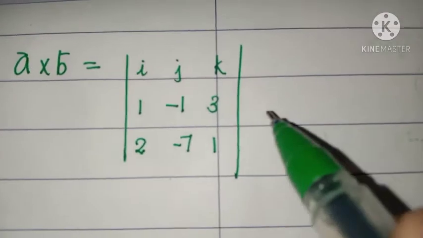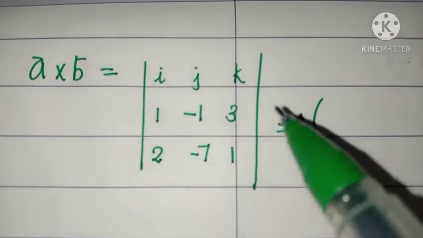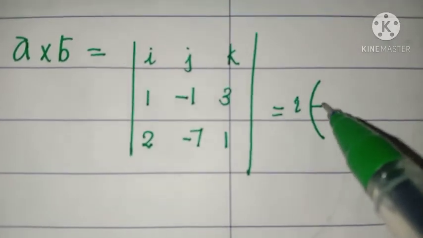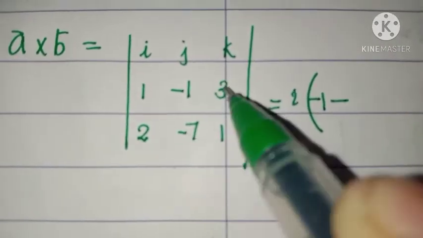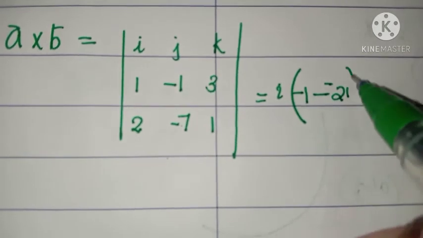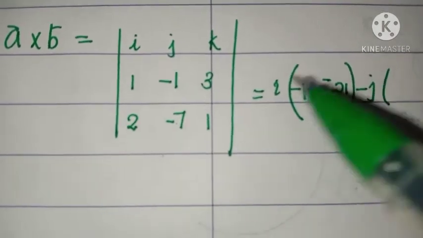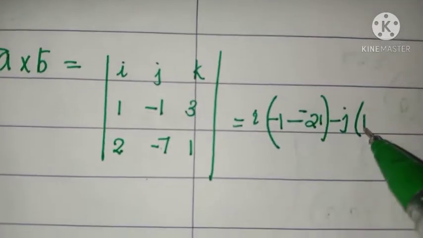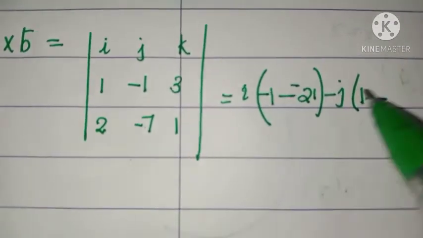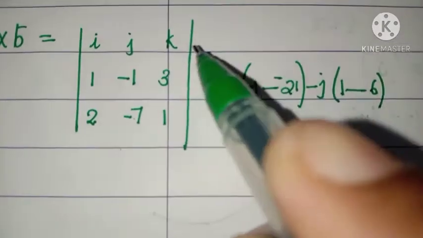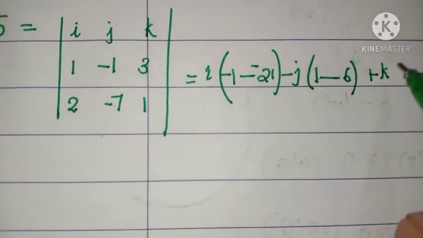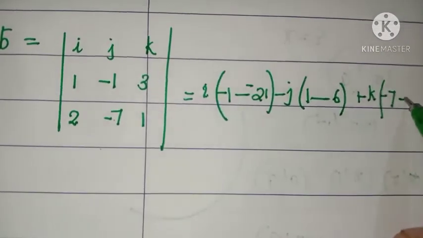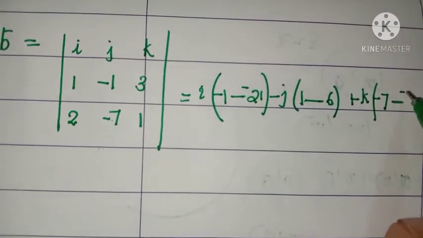Now find the determinant. So i into, cut this row and column: minus 1 into 1, minus 1, minus 7 into 3, minus 21. Minus j into, cut this row and column: 1 into 1, 1, minus 3 into 2, 6. Then plus k into 1 into minus 7, minus 1 into 2, minus 2.